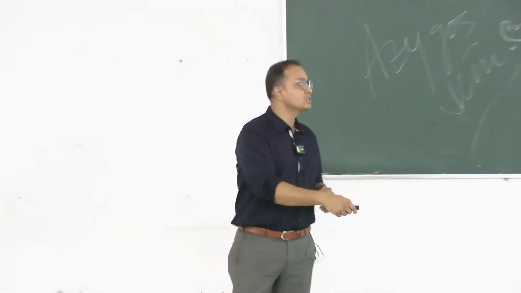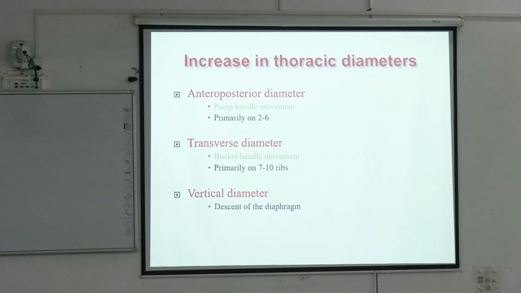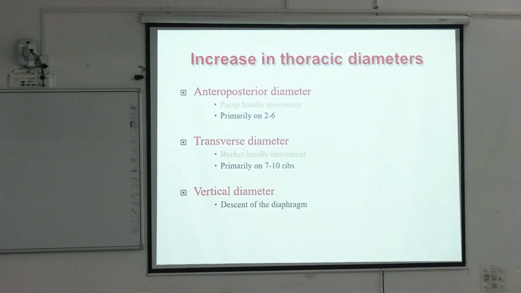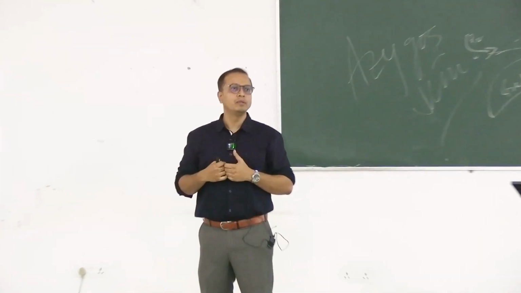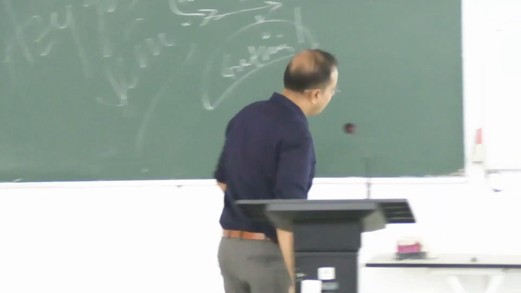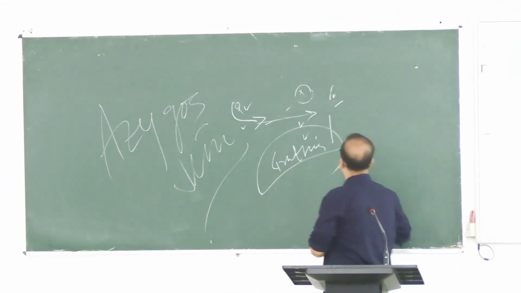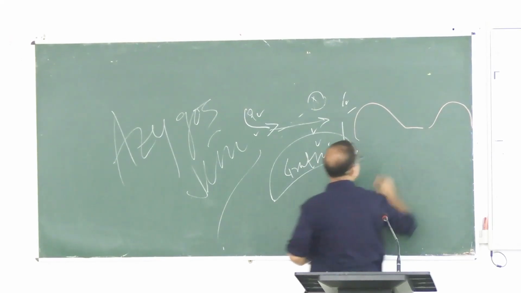Now the third thing, which is not related to the bony cage but to the vertical diameter expansion. Whenever you are breathing in, the air is getting inside the lung, and the diaphragm contracts. The diaphragm is a structure with two domes or bulges, the central part is like this and it has a bulge like this.